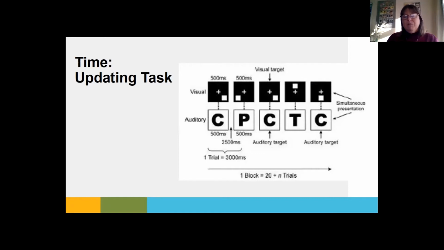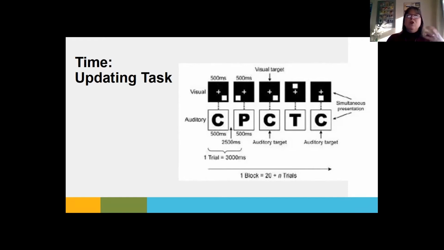And again, remember, we're measuring something that we can't really see all that well. So this is an example of what's called a visual target test. It's a time task where we update information that's in our memory.